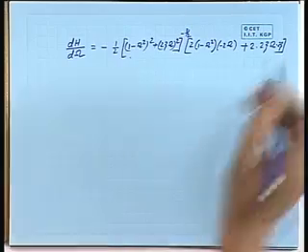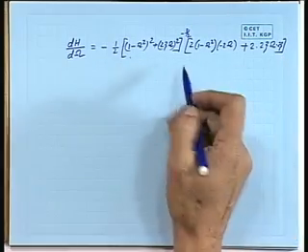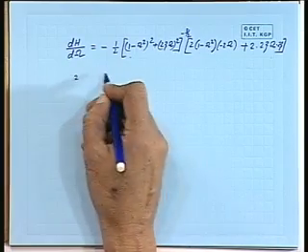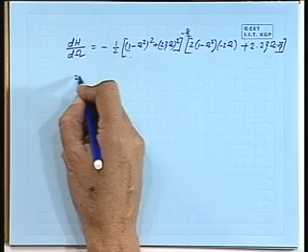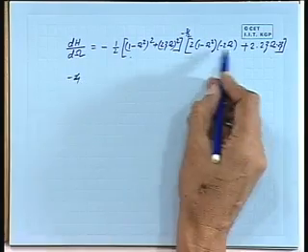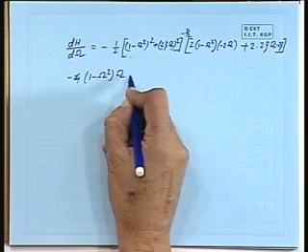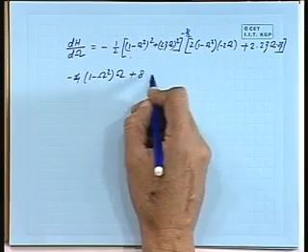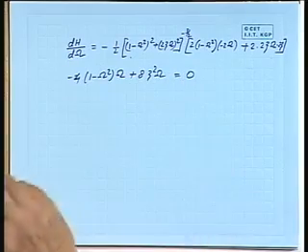So, let us take this part, because this part is not equal to 0. So, that we know, forget about it. So, this part let us take. This part means 2 into minus 2, so minus 4, 1 minus omega square, then omega, and plus 2 into 4, 8 zeta square omega is equal to 0.